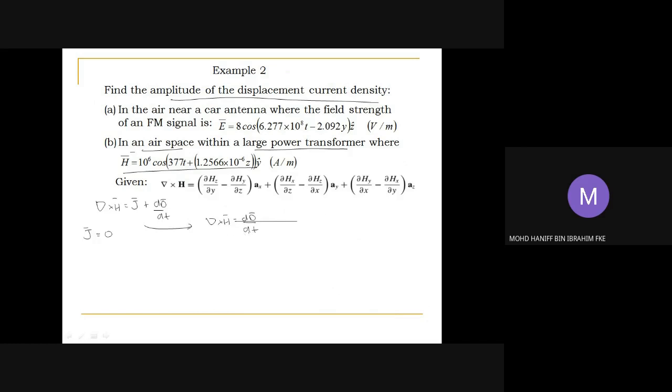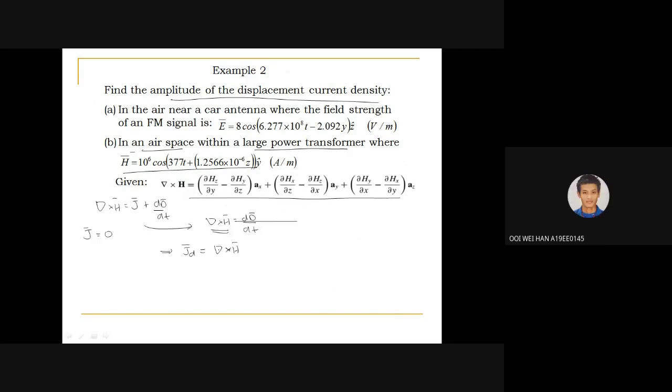So basically, we can find the displacement current density by simply evaluating the curl of the magnetic field intensity H. That's why I give you the curl formulations here related to the Cartesian system of coordinates. Based on that, the JD, which is the displacement current density, can be calculated by simply evaluating the curl of H.